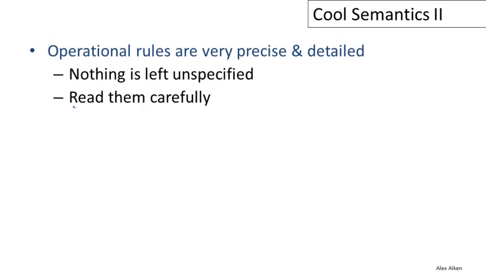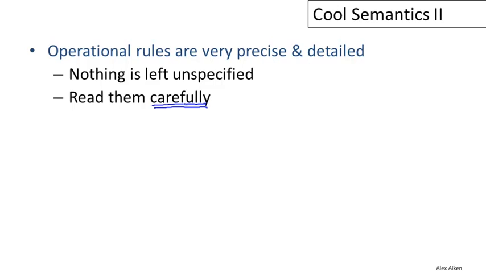But you need to read the rules very carefully, and I'll emphasize that because there's actually quite a lot going on in the rules. They're written in a certain way, and to achieve a certain effect. And I pointed out a couple of subtle things in the rules. And so you really have to study the rules in order to internalize what they mean and be able to implement them correctly.